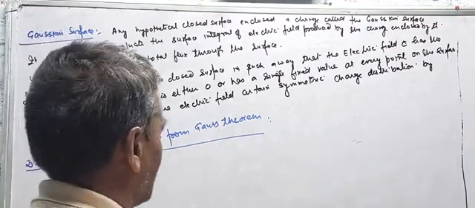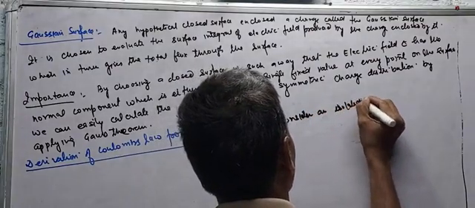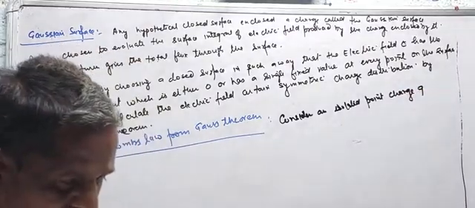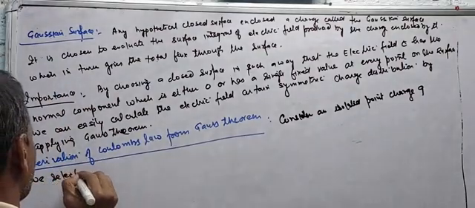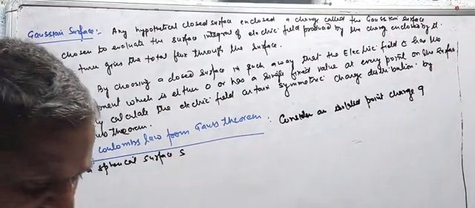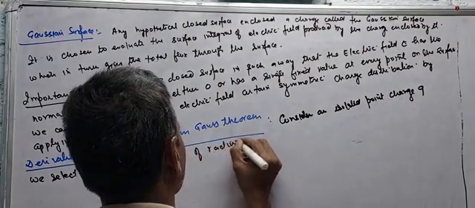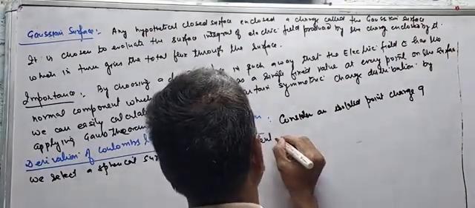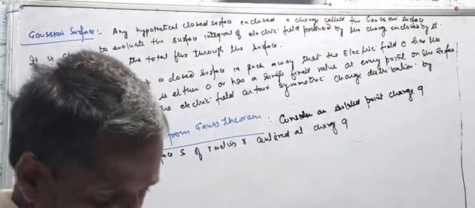Consider an isolated point charge Q. We select a spherical surface S of radius R centered at charge Q as the Gaussian surface.